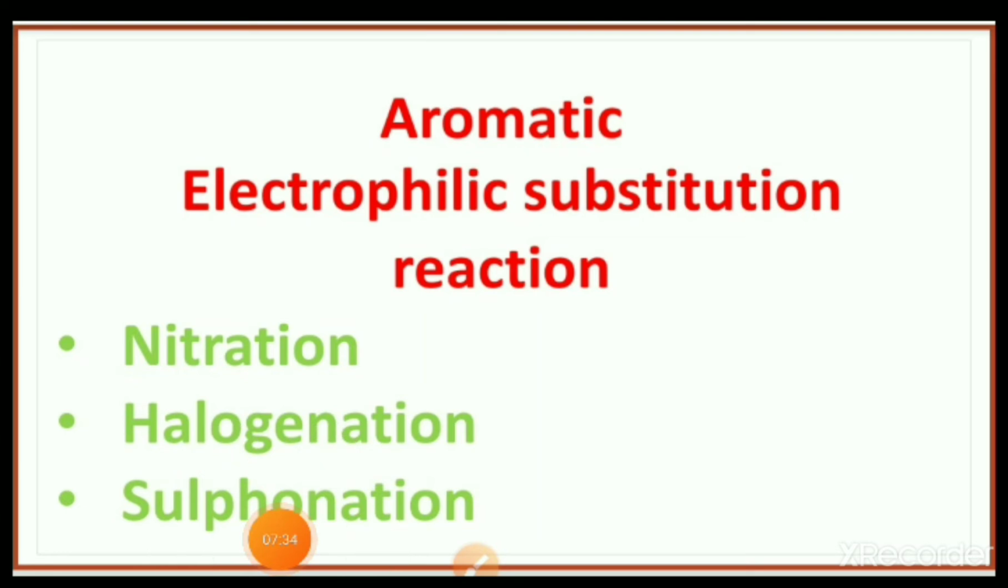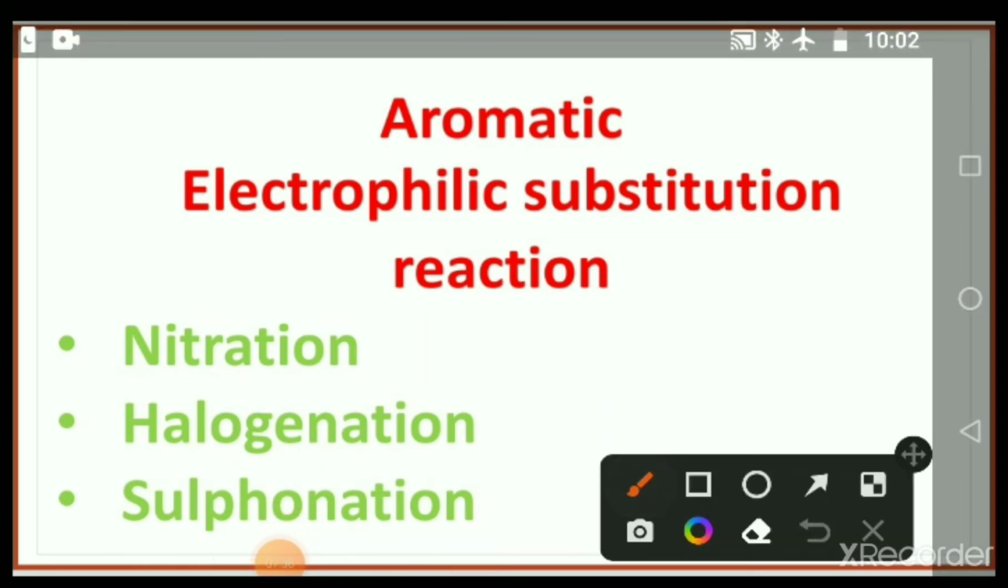The second reaction is halogenation. What is meant by halogens? In the periodic table, group 17 contains chemical elements like fluorine, chlorine, bromine, iodine, astatine and tennessine.